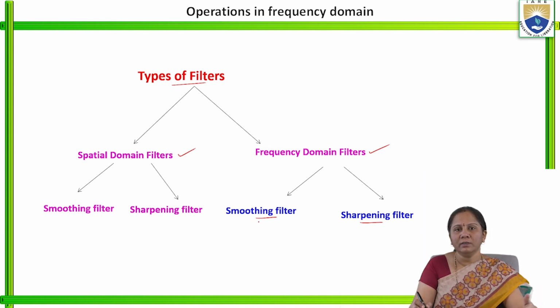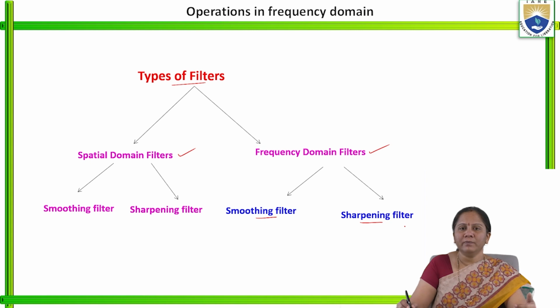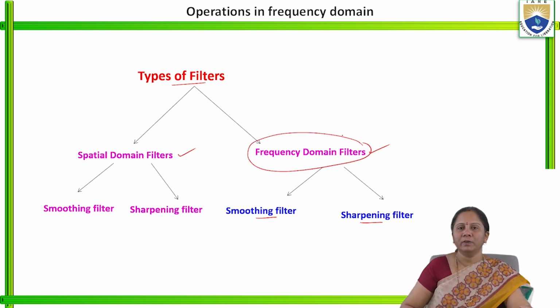For the smoothing filter, we have low pass filters with different categories like ideal, Butterworth and Gaussian. For the sharpening filter, high pass filters, we have different categories like ideal high pass filter, Butterworth high pass filter and Gaussian high pass filter. We are going to learn about these frequency domain filters in detail in the upcoming sessions.